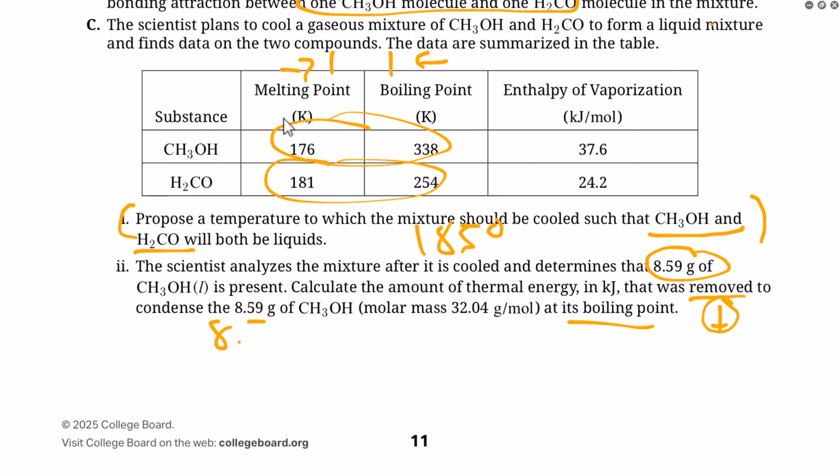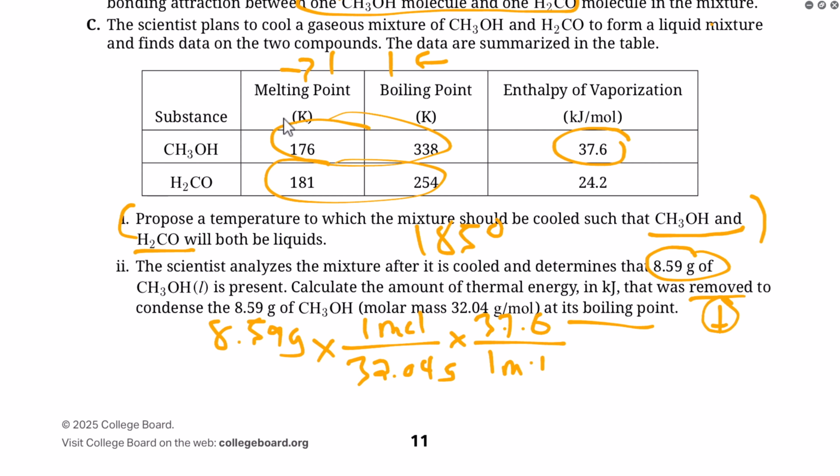So 8.59 grams of the methanol, and it gives you the molar mass, which is nice, 32.04 grams per 1 mole. And it gives us the enthalpy of vaporization here. So that is going to be 1 mole is 37.6 kilojoules.